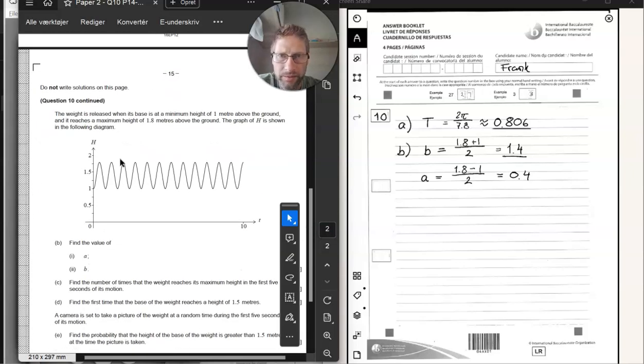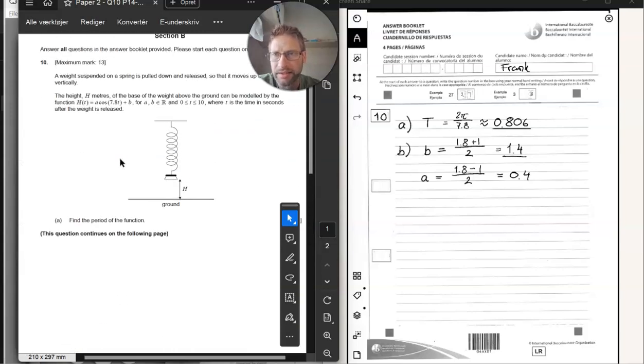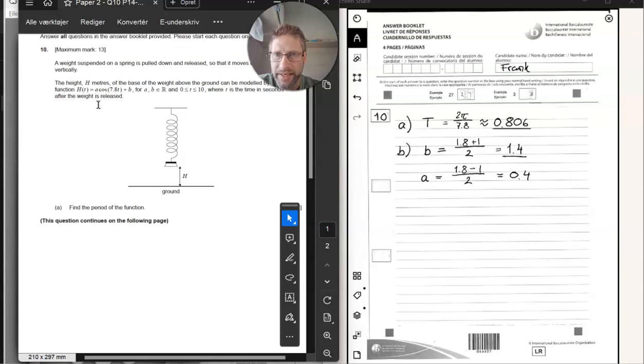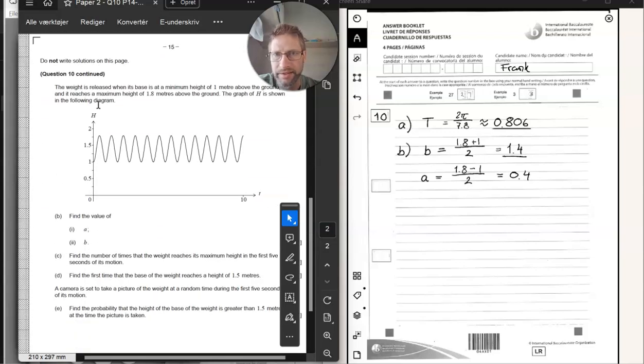So the only other way to explain it is that we have actually had an amplitude that is negative. When you multiply with a negative number, you still stretch the graph, but you also flip it vertically around the mean value. So if a is negative, then the graph will start in a minimum.